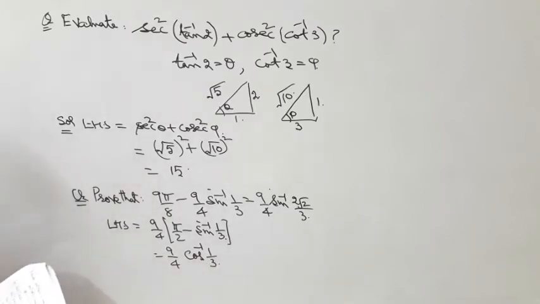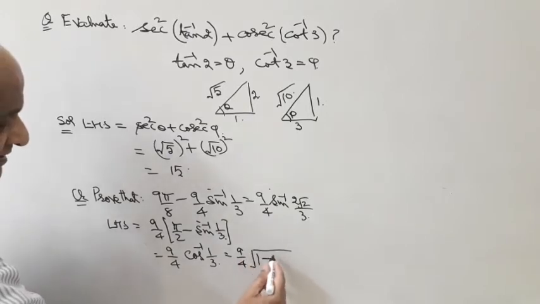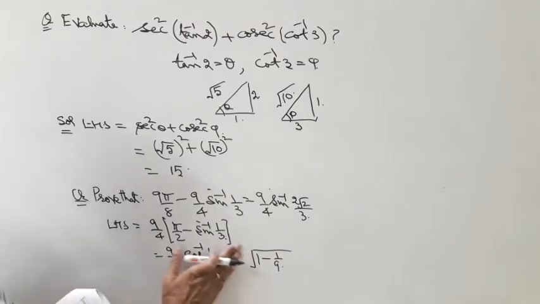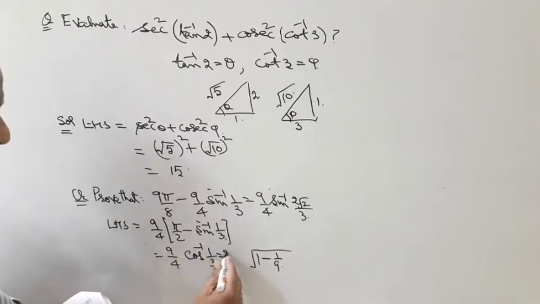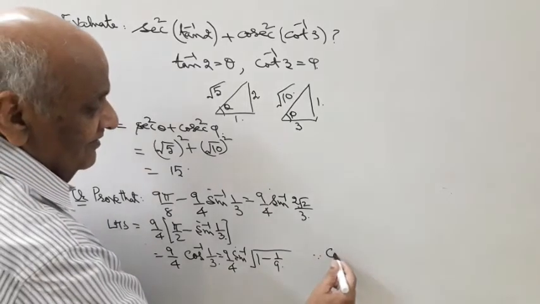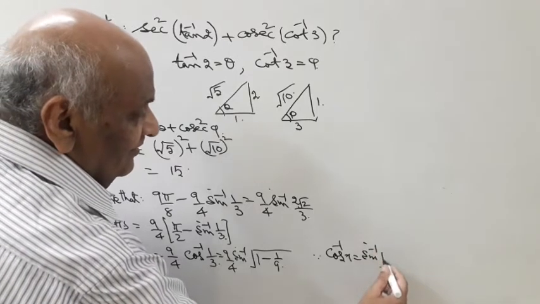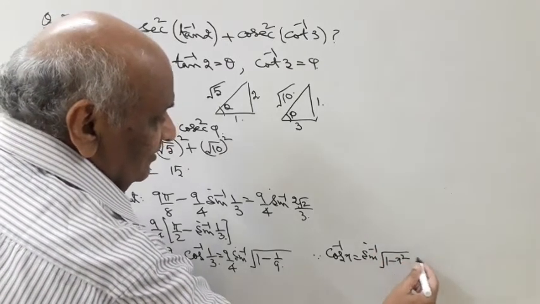So this is 9 by 4 cos inverse 1 by 3. Take the result, as you know, sine inverse plus cos inverse is pi by 2. And this is equal to 9 by 4 sine inverse of under root of 1 minus 1 upon 9, because cos inverse of x is sine inverse of under root 1 minus x square.